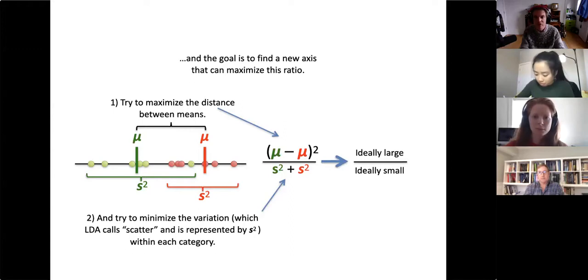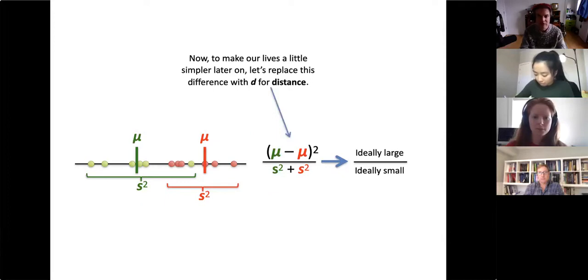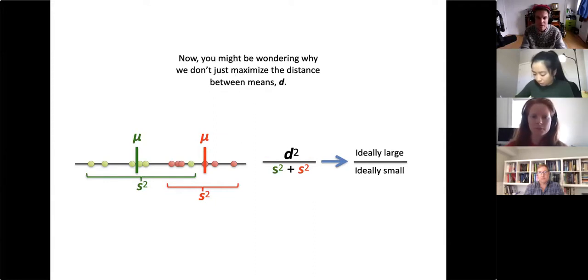So the goal is to find a new axis that maximizes this ratio. Now, to make our lives a little simpler later on, let's replace the difference with D, the letter D for distance. You might be wondering why we don't just maximize the distance between the means. So why don't we just maximize D?